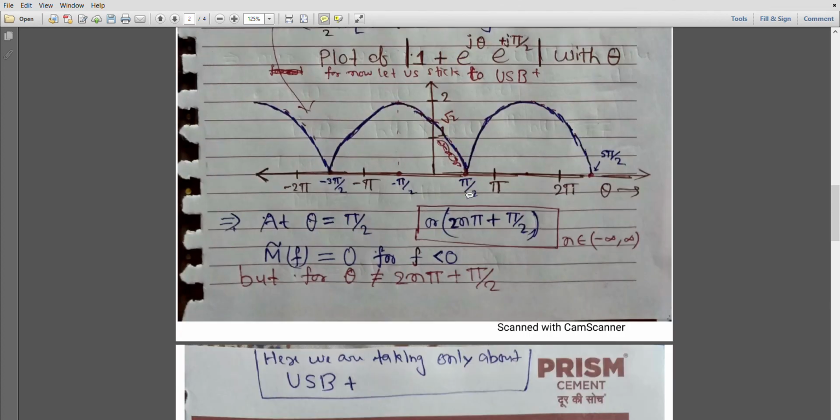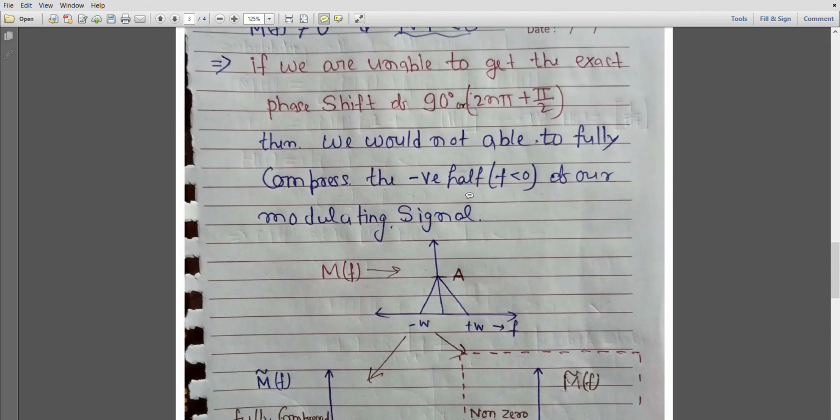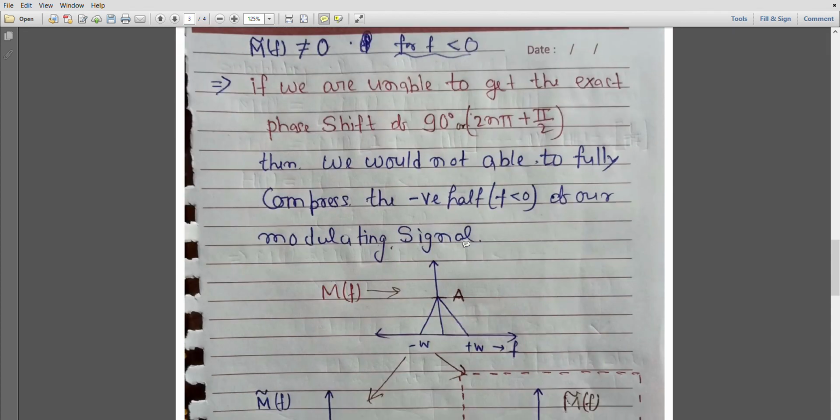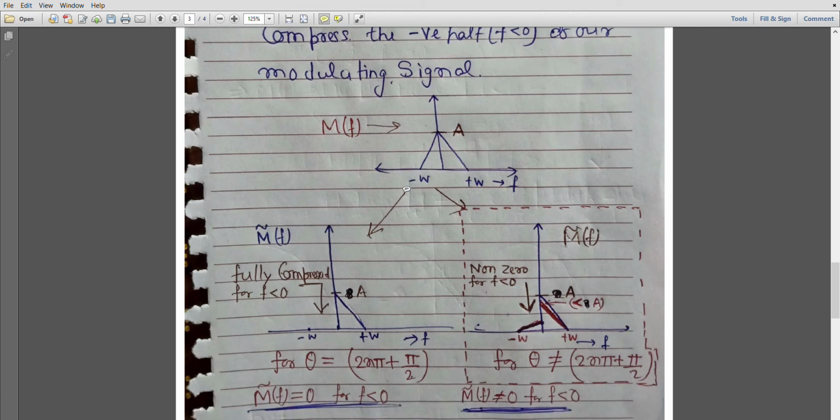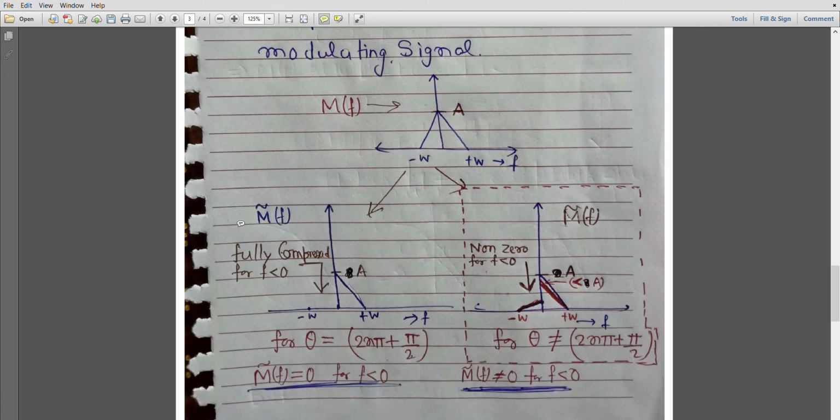And I have represented this graphically here. This is our original modulating signal, which is M f, and this is the frequency response of M f, and this is a single sideband modulated signal. If we are able to get the phase shift of pi by 2 exactly, then it is ideal.